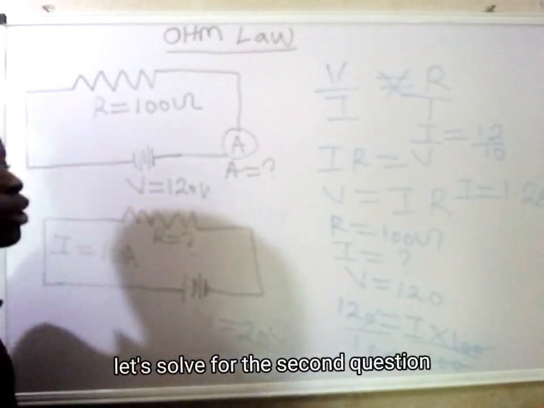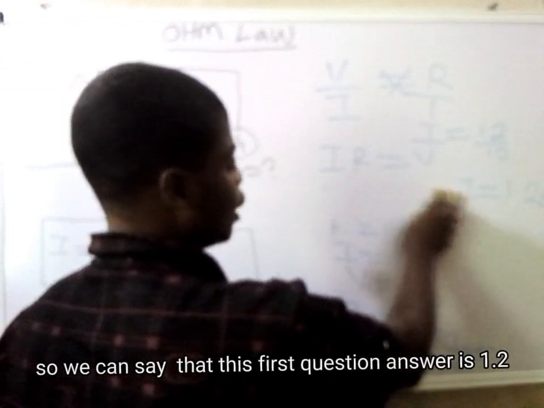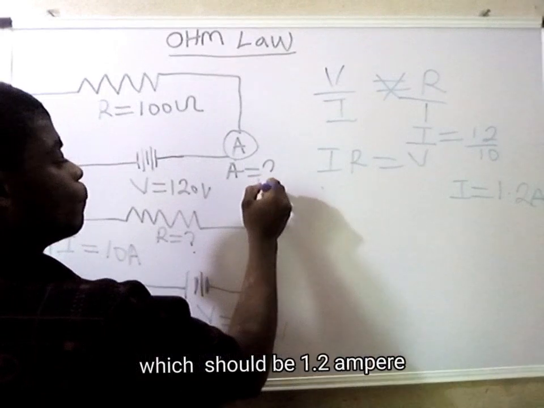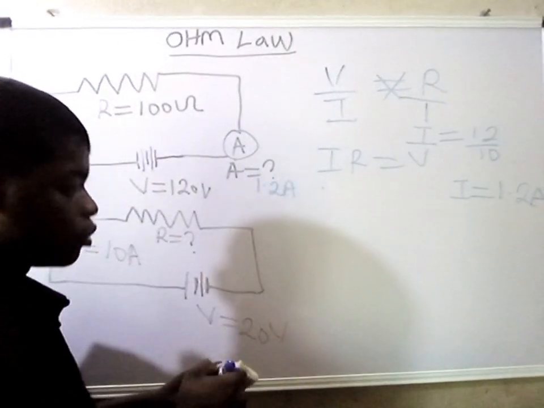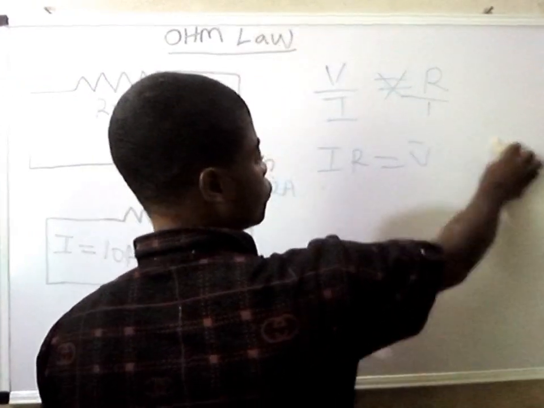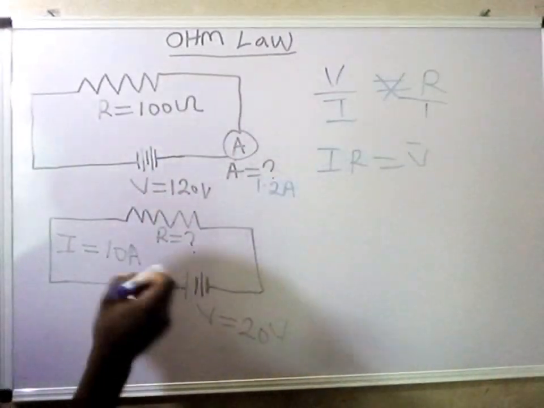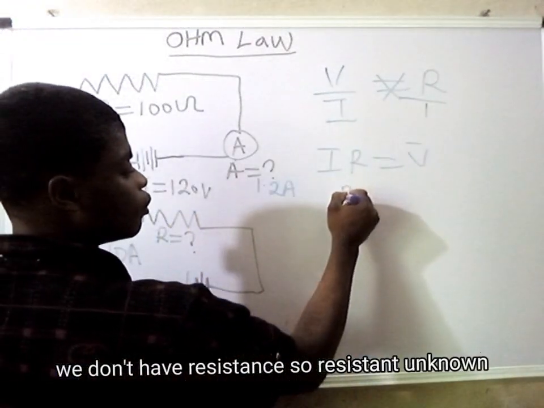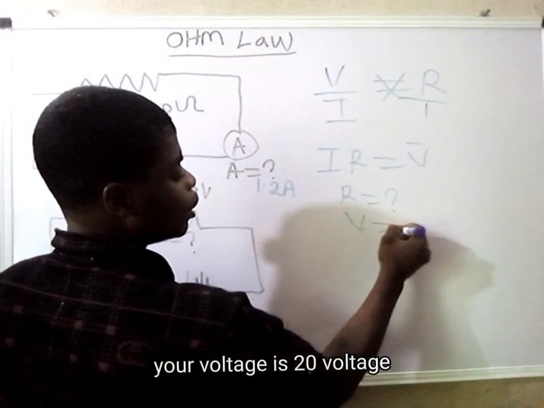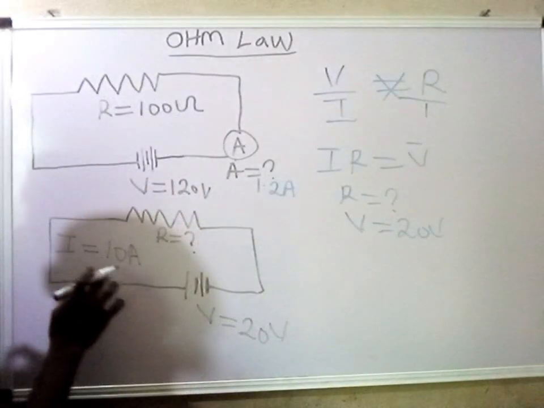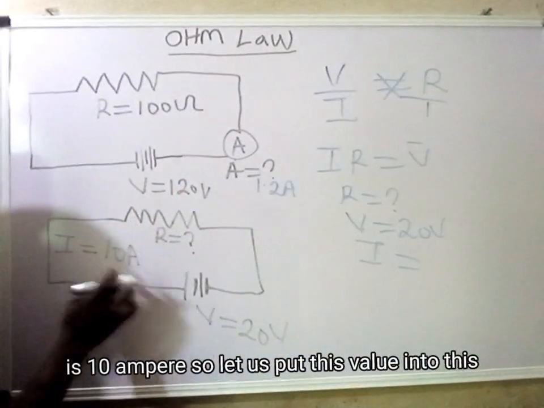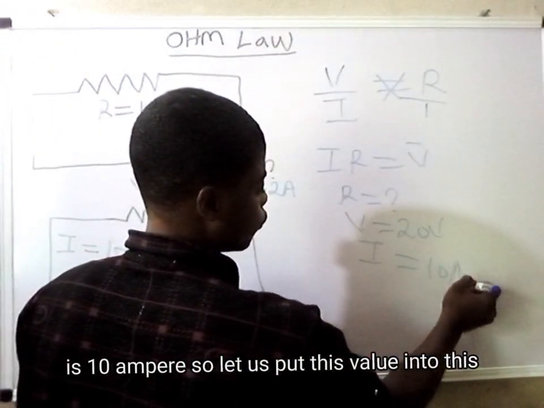Let's solve for the second question. So we can say that this first question answer is 1.2 ampere. So for the second question, we don't have resistance. So resistance unknown. Your voltage is 20 volts. Your current is 10 ampere.